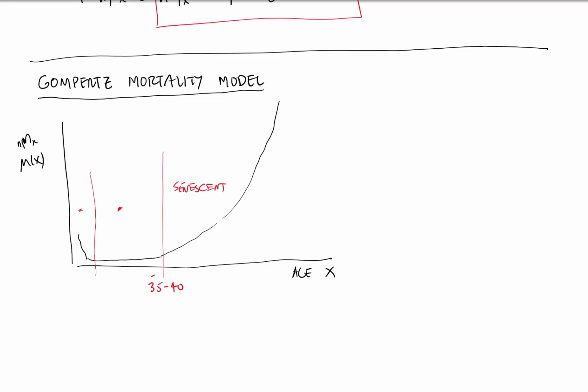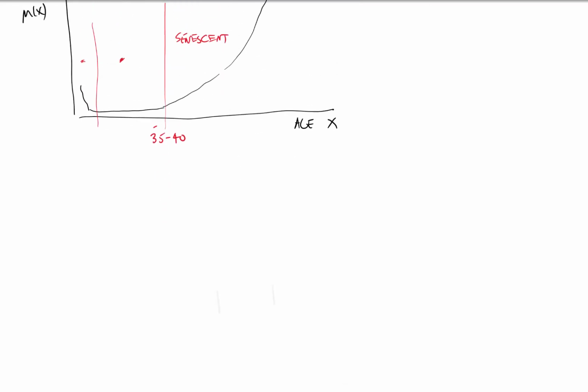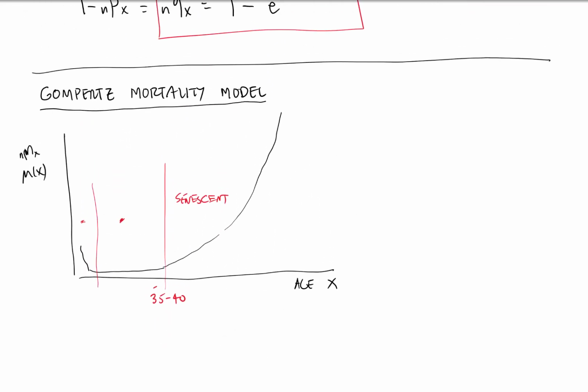And Gompertz's observation was that over this period, after age 35 or 40, this thing looks nearly exponential. The mortality rate, or the hazard rate, increases nearly exponentially after age 35 or 40.